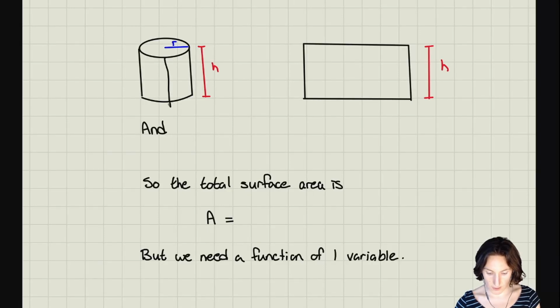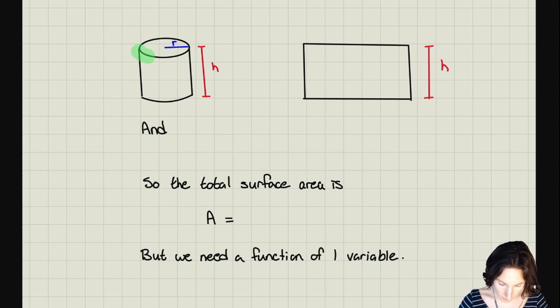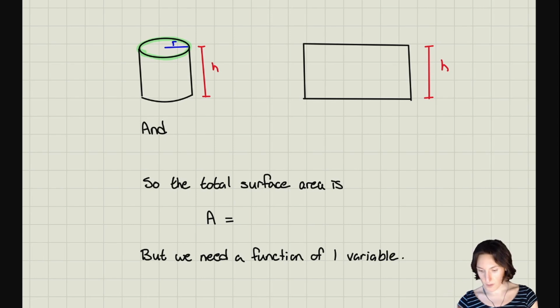So say we cut along here and we unravel it. So we would still have the height corresponding to this, but we would end up getting a rectangle where the circumference of the circle of the top would correspond to the length of that rectangle. And remember, when we're talking about circumference, that is going to be 2 pi r.